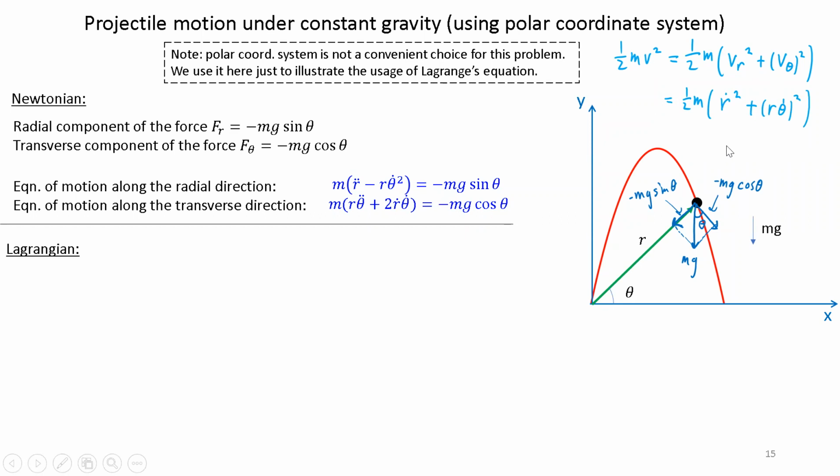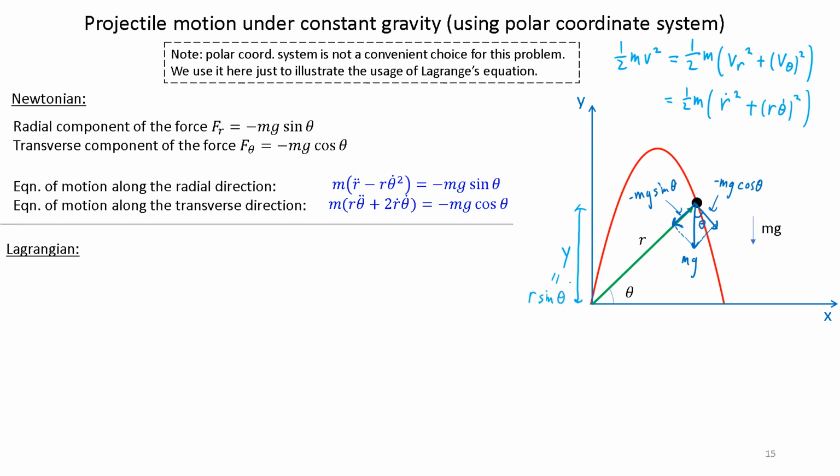And then the potential energy, right? The potential energy is that you need to consider this height over here. So this height is y, and y we know is actually equal to r sine theta.